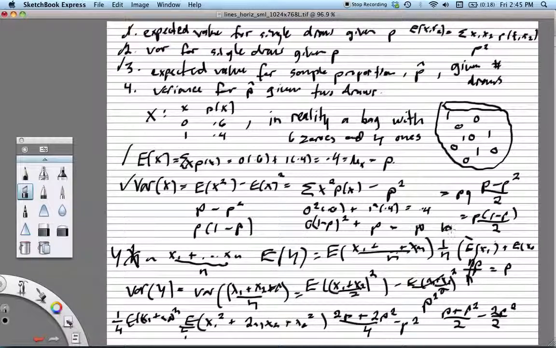So the variance will just be equal to sigma p over n. Oh, sorry, everybody. Sigma x over n, where x represents whatever is generating your random variable proportion. Okay, thank you very much.